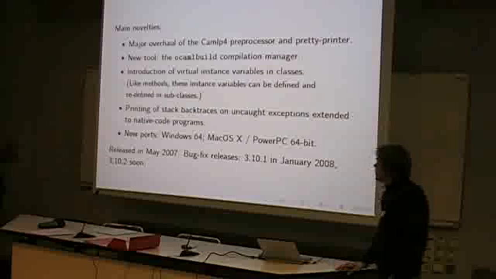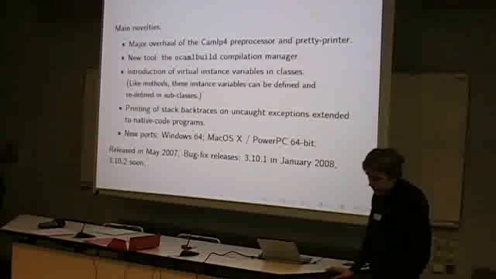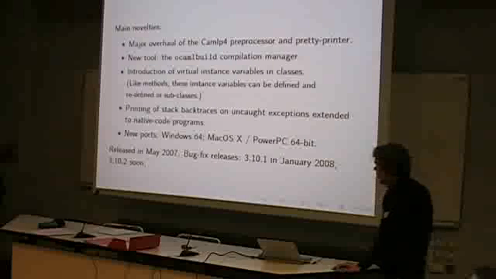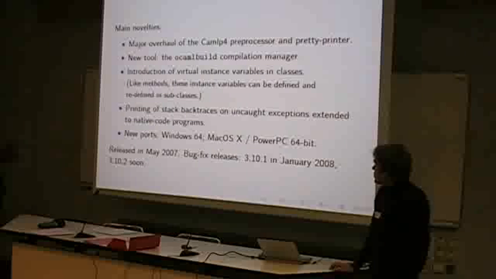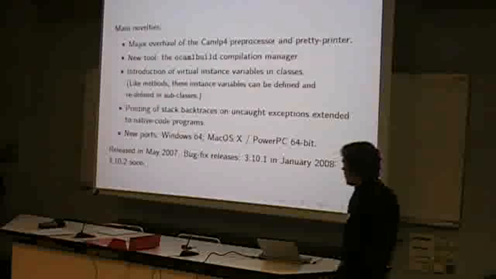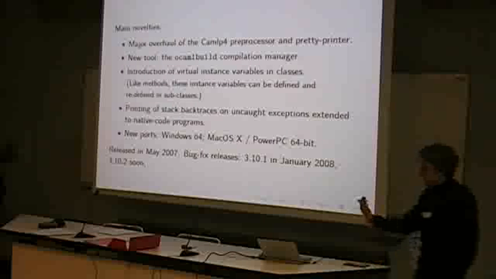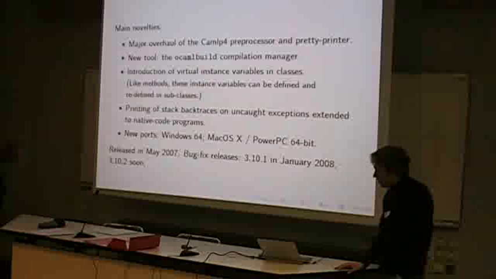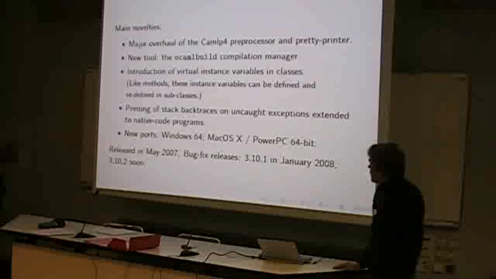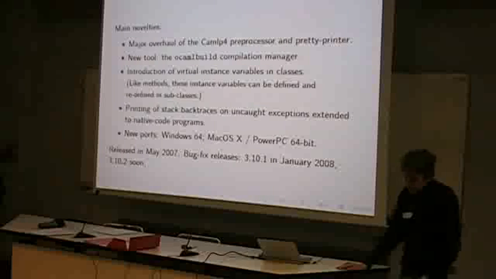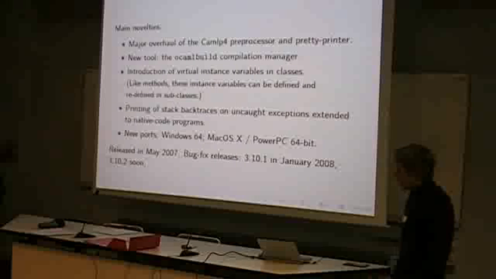We have the new Camlp4 with a major overhaul of the API, the OCamlbuild compilation manager, which will be presented later today. A small extension to the class and object layer, the notion of virtual instance variables that you can override in subclasses, for instance.